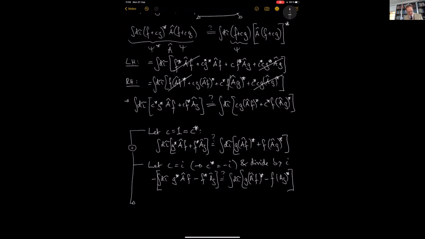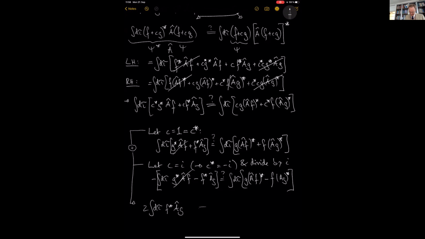Well, we have the integral over d tau, of course. And then the first term, G star AF minus G star AF, cancels. So we don't need this. And then we have F star AG minus F star AG, so 2 times F star AG for the left-hand part.